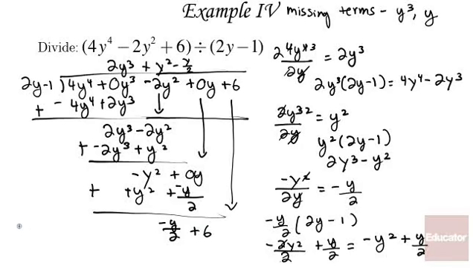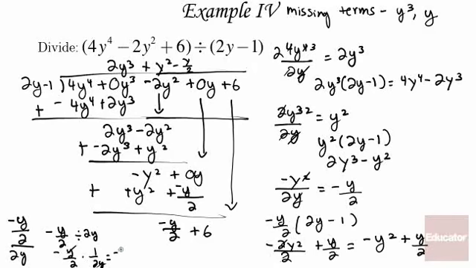Now, I've got negative y over 2. I'm going to come right over here and divide that. That's negative y over 2 divided by 2y. Well, recall that negative y over 2 divided by 2y, what you're really going to do is multiply by the reciprocal. So that's negative y over 2 times 1 over 2y, which is going to give you, the y's will cancel.